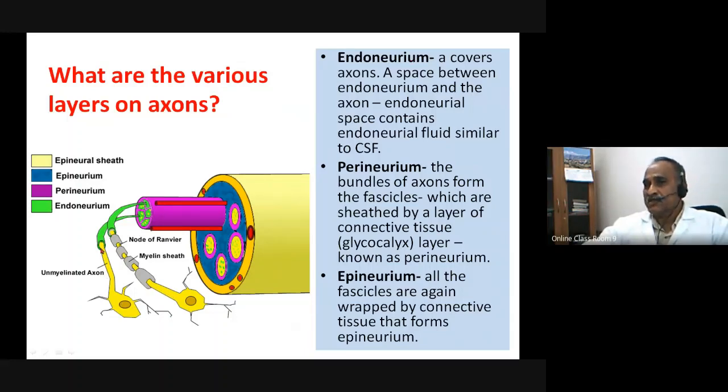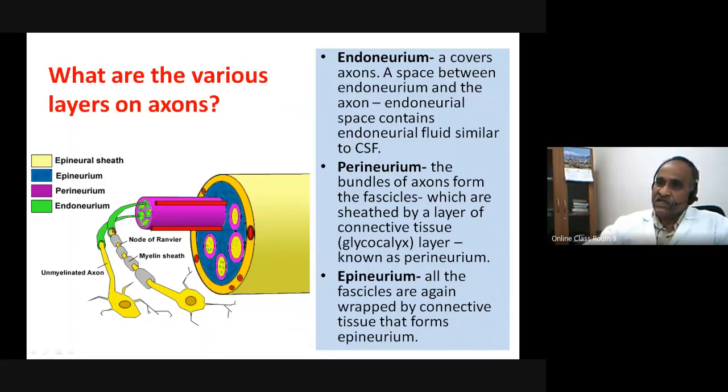non-myelinated axons. Within this layer, you can see the yellow and the green, you have a space called the endoneurial space. This space contains a fluid, because this fluid is essential for the transfer of signals, either electrotonically or at the node of Ranvier.